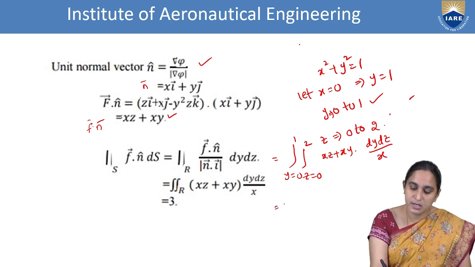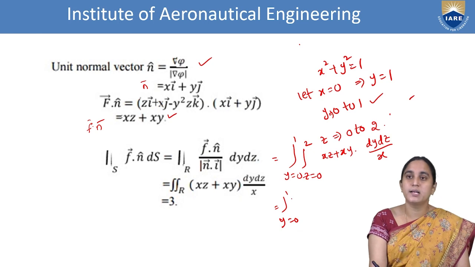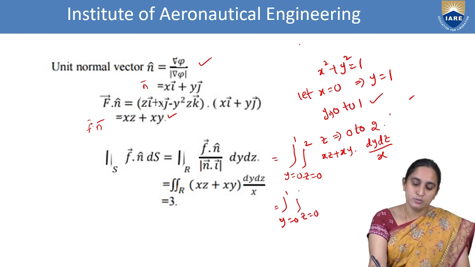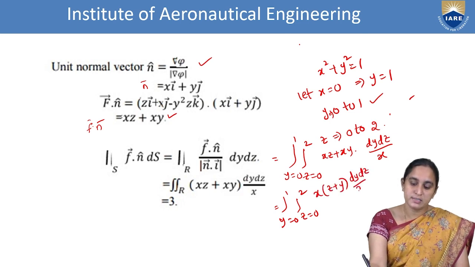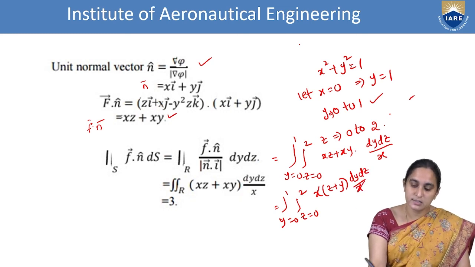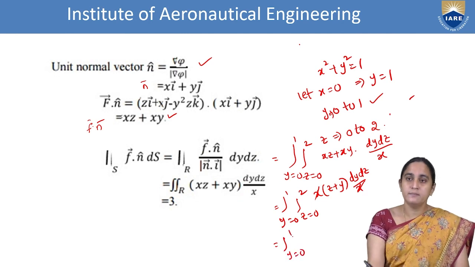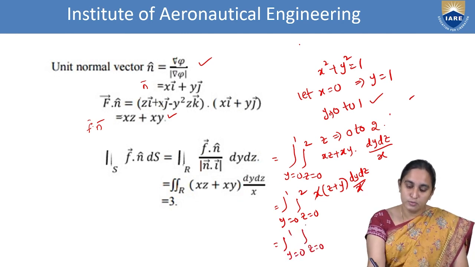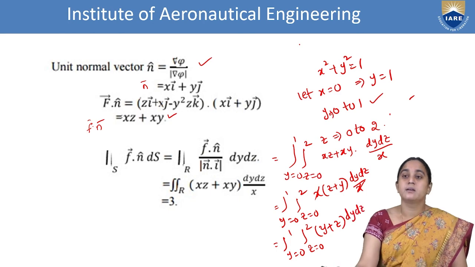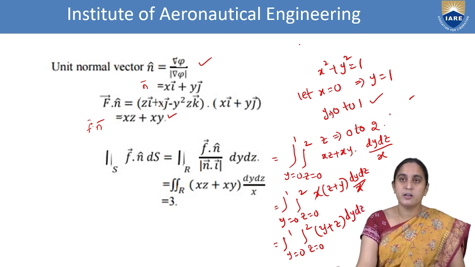Here x is common, so it is z plus y into dy dz by x. The x cancels, and the function is y plus z into dy dz.